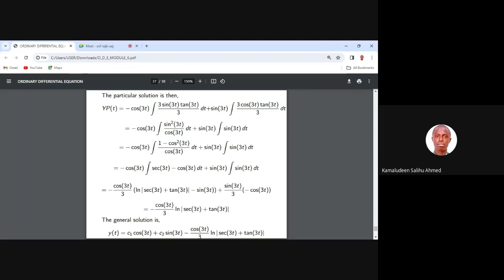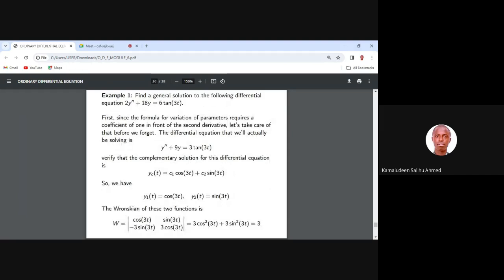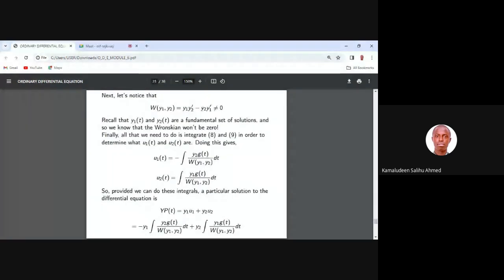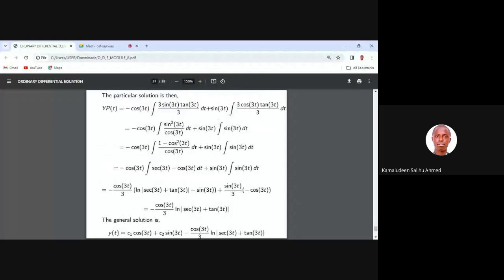Then, what is y1 g of t? It is what you have here, which is the 3 sin 3t tan 3t.